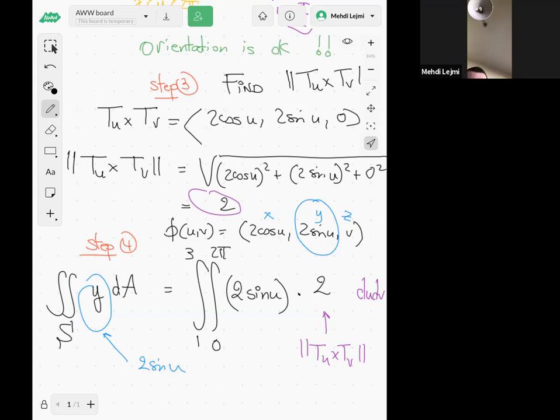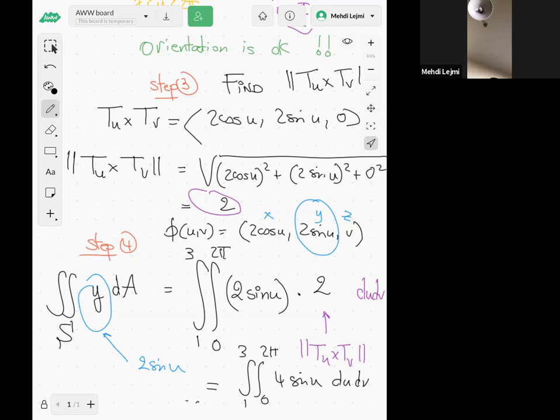This is easy to integrate. This is the integral of 4 sine of u du dv, with u between 0 and 2 pi and v between 1 and 3. And then you have to finish the integral, of course, but I won't do it because you know how to do this. So this is the first part of the question.